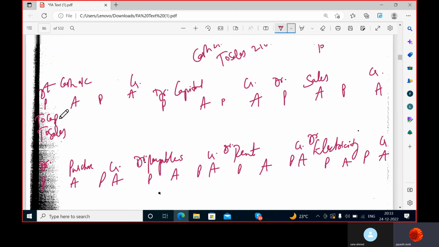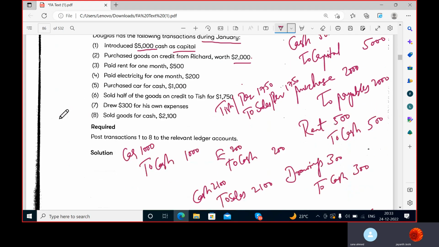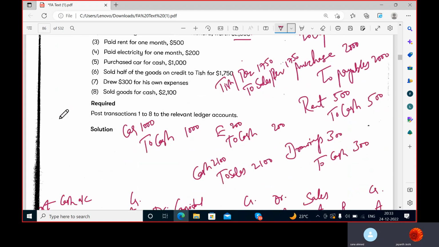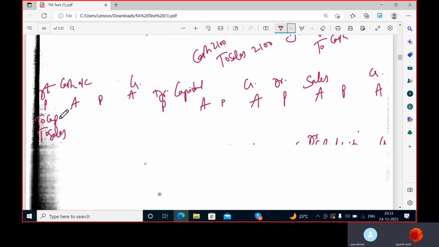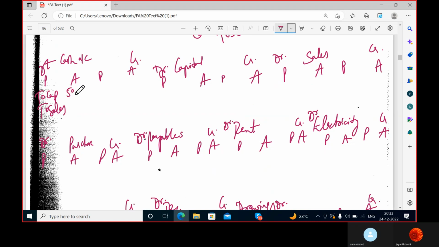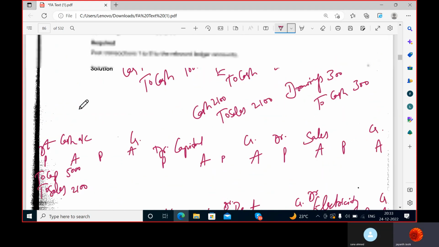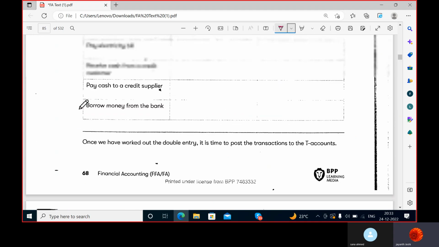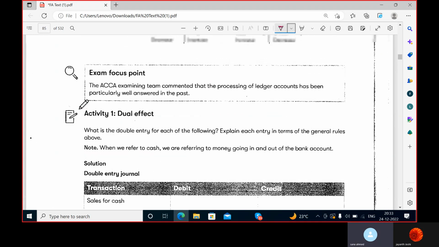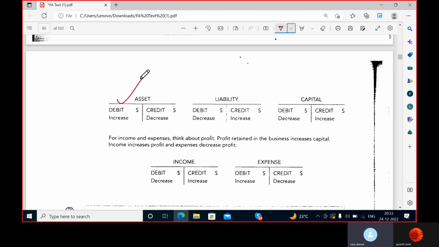What was the amount? Capital was 5,000 and sales was 2,100. Because increase in asset is debit, we have already seen in double entry. Yes, sir. Okay.